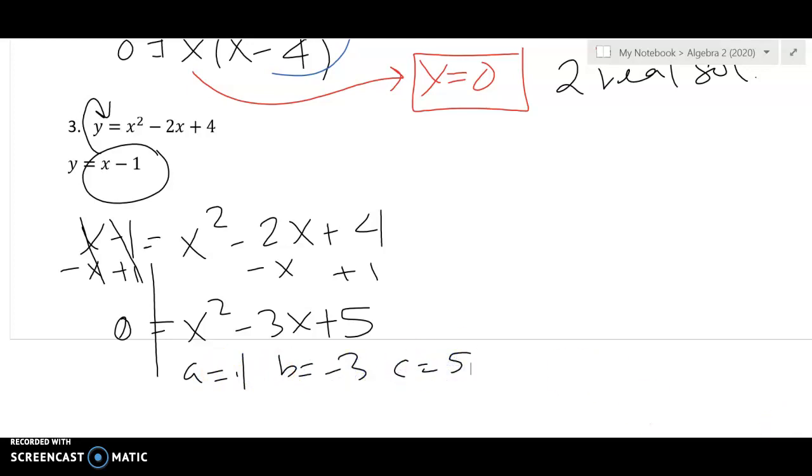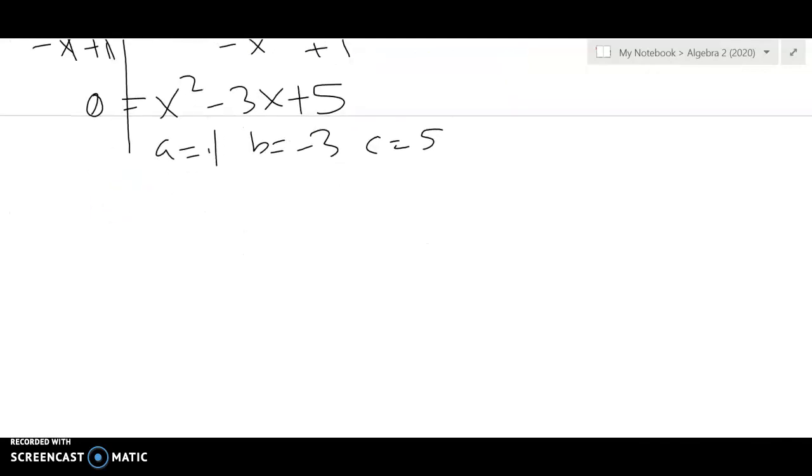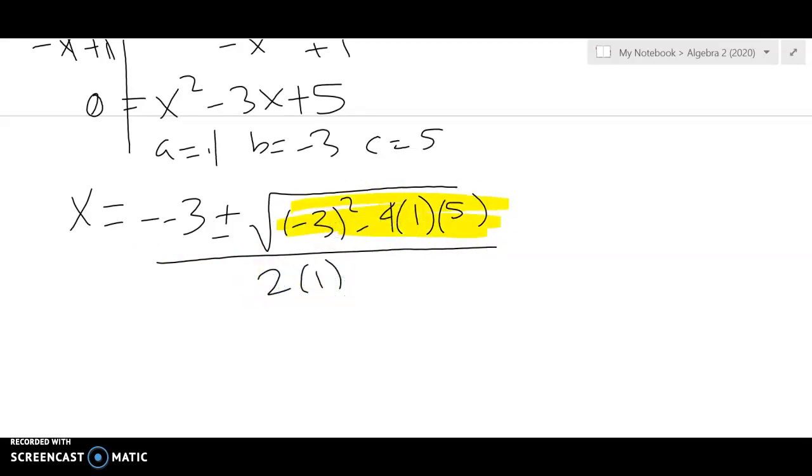I'm going to scoot down, and I'm going to use my formula. x equals negative b plus or minus square root b squared minus 4 times a times c all over 2 times a. And again, I'm focusing on this yellow part. I'm going to type that into my calculator. That double negative makes a positive. Underneath the root there, when I type that into my calculator, I get negative 11.